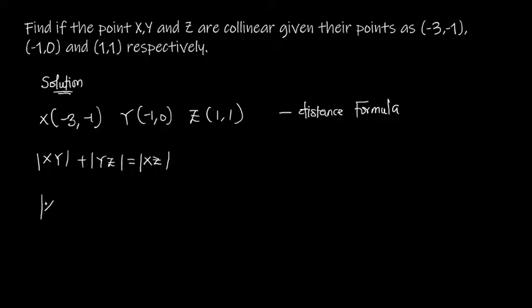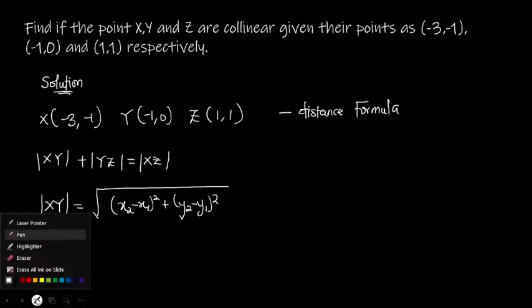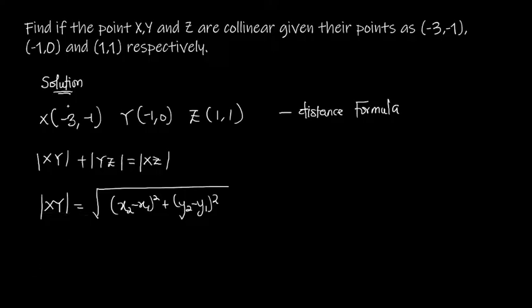So let's calculate the distance xy. So the distance xy is equal to the root of x2 minus x1 squared plus y2 minus y1 squared. Now let me label my coordinates. So this is my x1, y1 in this case, and this is my x2, y2.